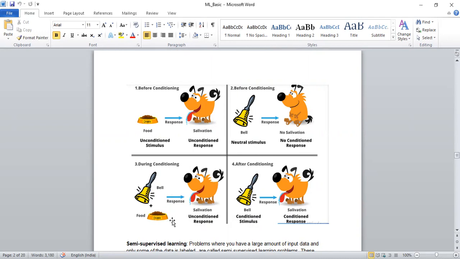During conditioning, bell plus food. So then there is an unconditioned response, because food is also present now. During the conditioning, this is how you have to train. That is what I am telling you.